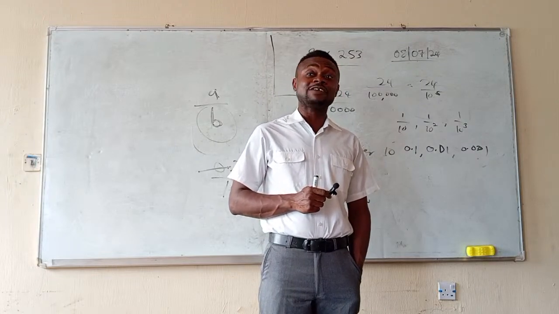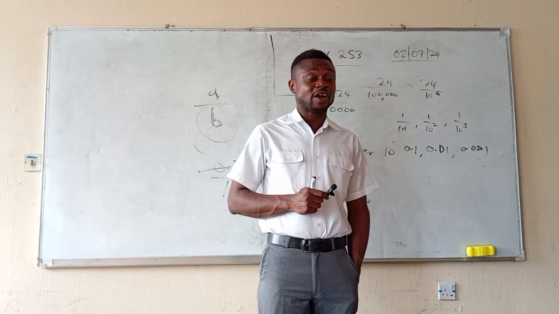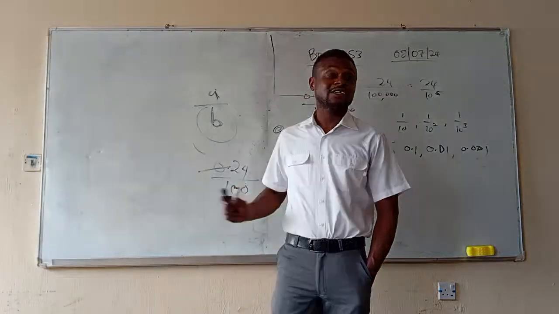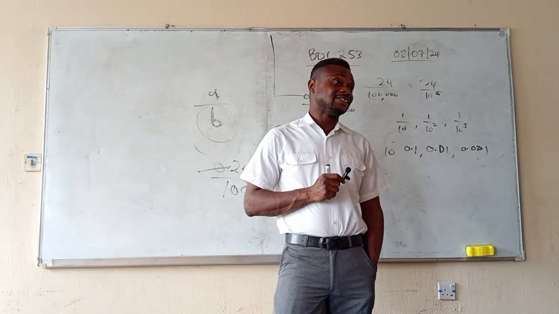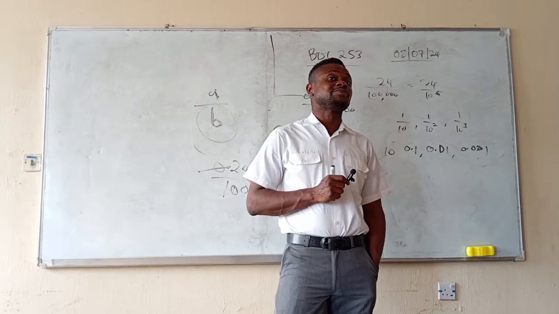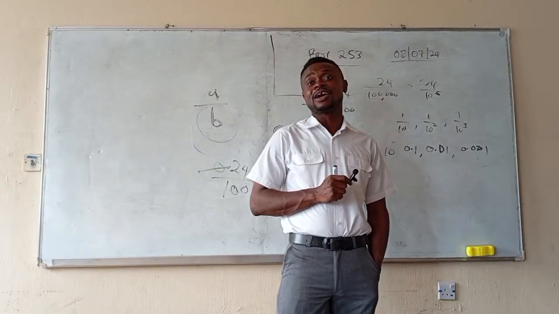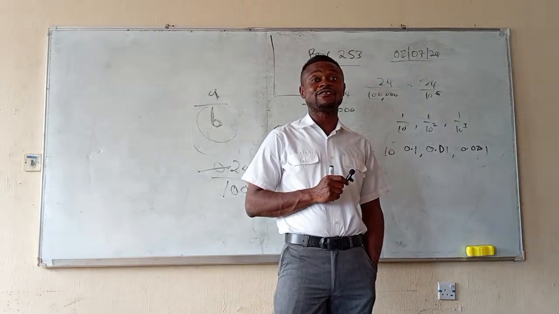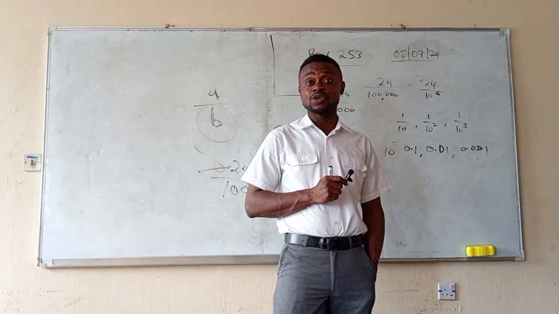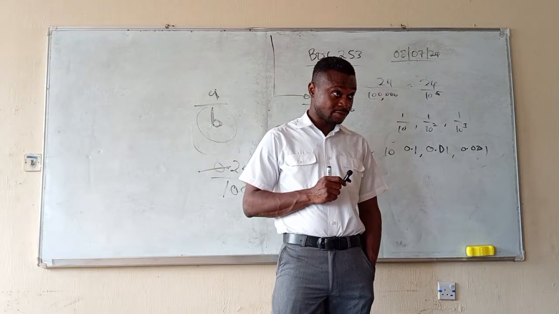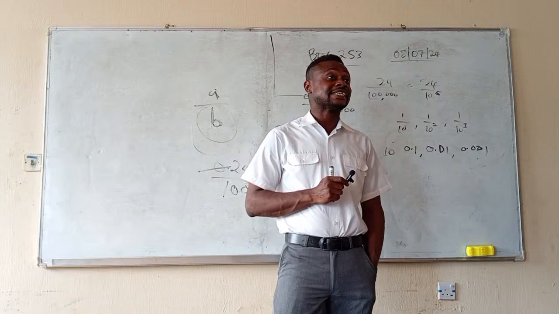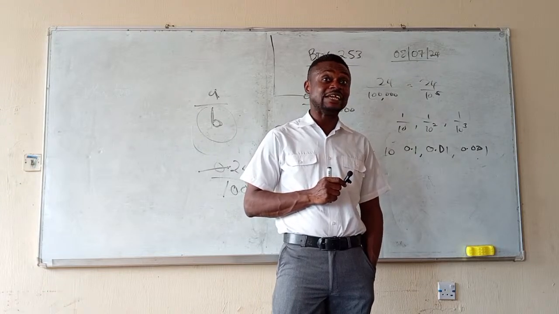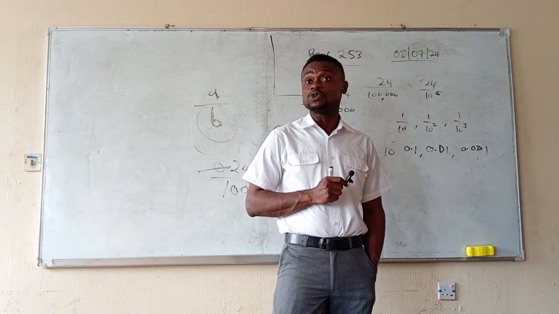But that doesn't mean that if I give you a question, like the one we solved now, after solving, you say because I said it should be in decimal fraction, you now go and divide and move that half teaspoonful to 0.5 teaspoonful without instruction. You have failed that question. The question is in common fraction. Solve it like that and leave it like that, unless you are asked to move it.